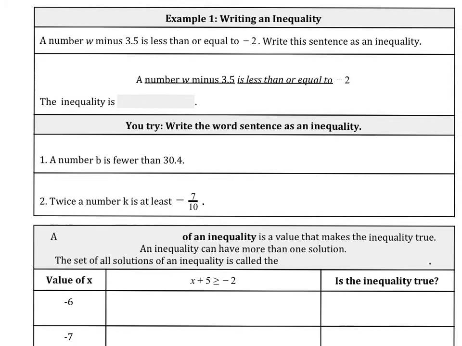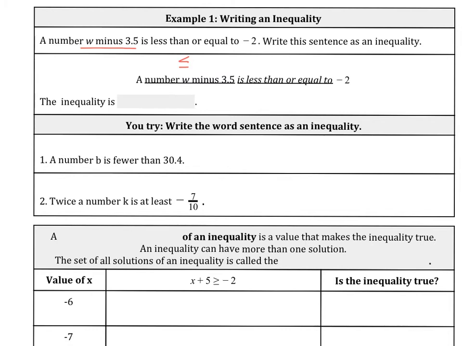When we say write it as an equation, you use the equal sign. When it says inequality, we use less than, greater than, less than or equal to, or greater than or equal to. So less than or equal to means this sign. Now we use w minus 3.5.